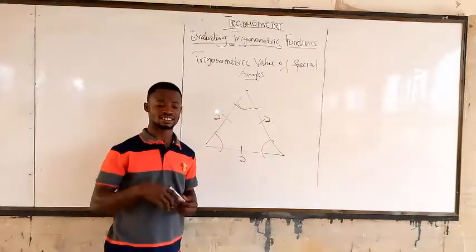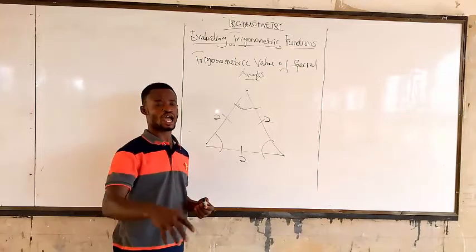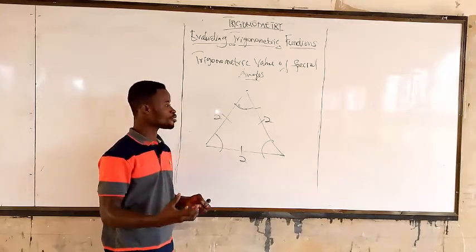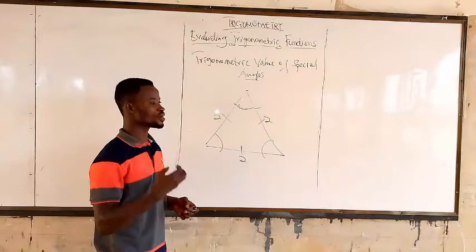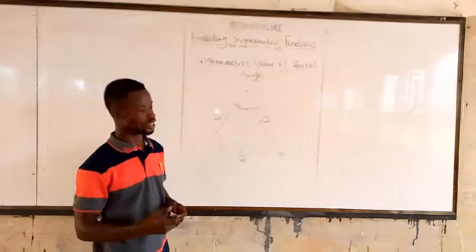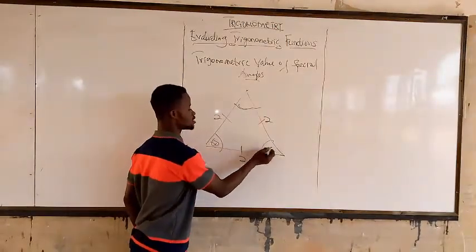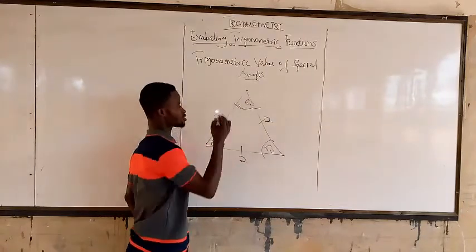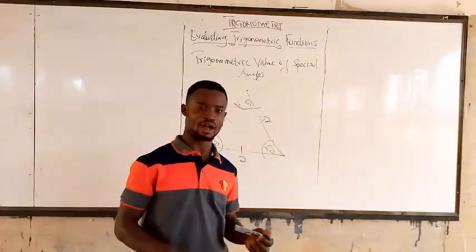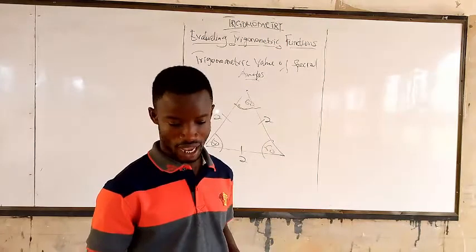And we know that the interior angles of a triangle sum up to 360. So when you divide 360 by 3, you are going to get 60, 60, 60. So that is what we have for an equilateral triangle.